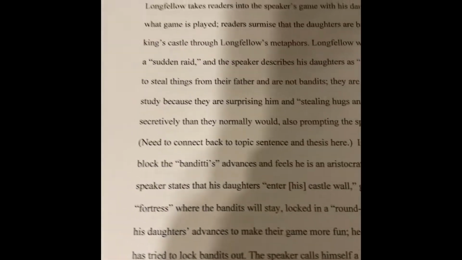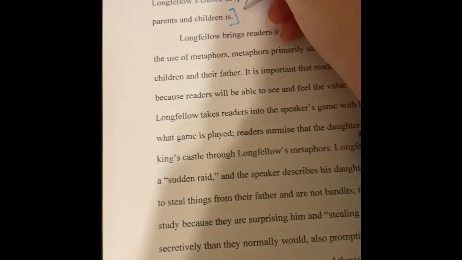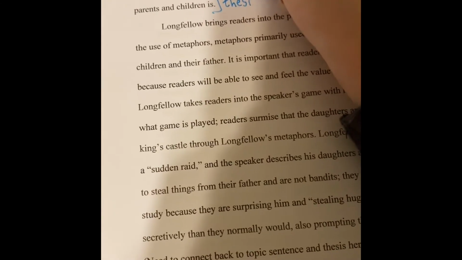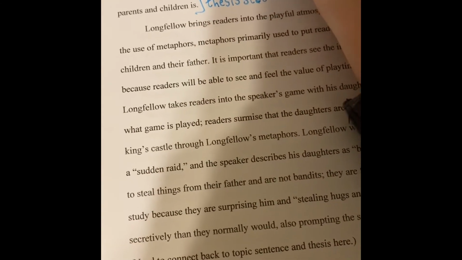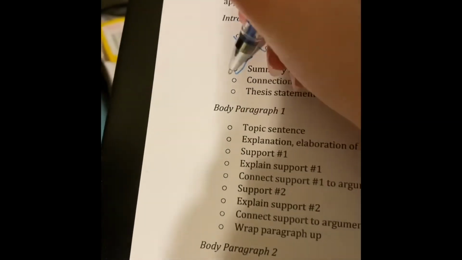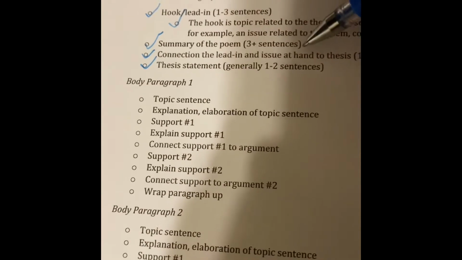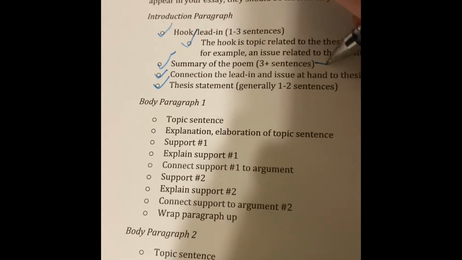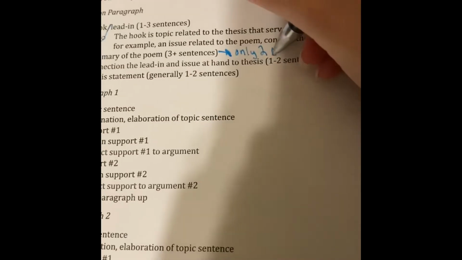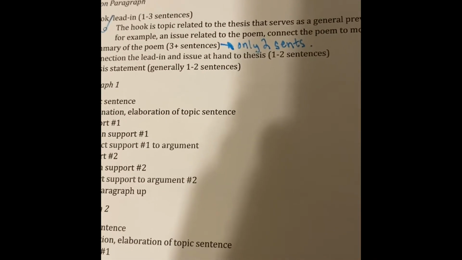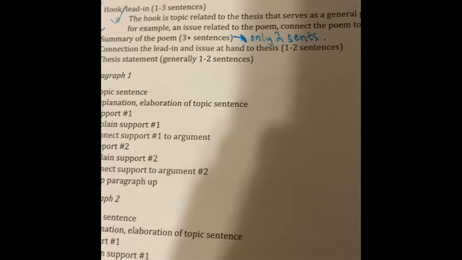And then last, we'll label our thesis. Okay, so we'll go over here, check that off. Here, we know that our summary is only 2 sentences. I'll make that note to myself, and I may decide later to come back to it and change it.